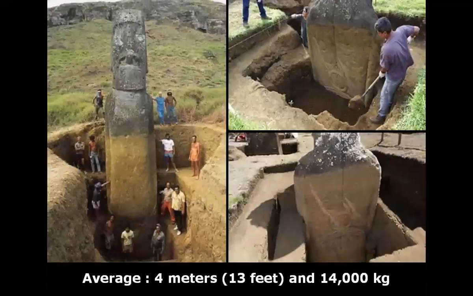And some are extremely tall. The average is 4 meters or 13 feet for all those statues found there. And the average weight is 14,000 kilograms, or 14 tons. But you can see this one is even taller than that.